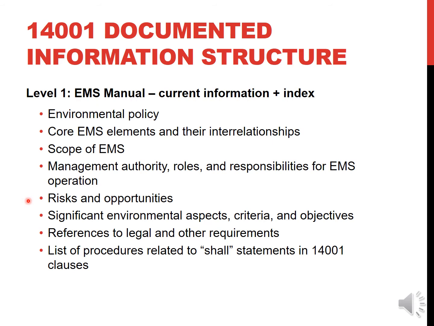Remember, these came from the organizational context, looking at the environmental concerns of interested parties, as well as risks and opportunities present in the transactional environment as well as the general environment. A listing of the current significant environmental aspects, criteria, and objectives. Some references to legal and other requirements, and a list of procedures related to shall statements.